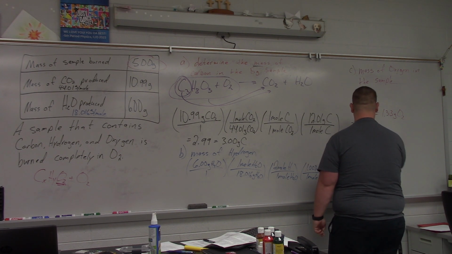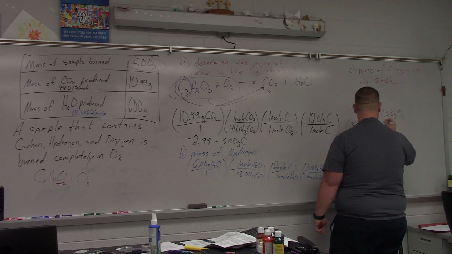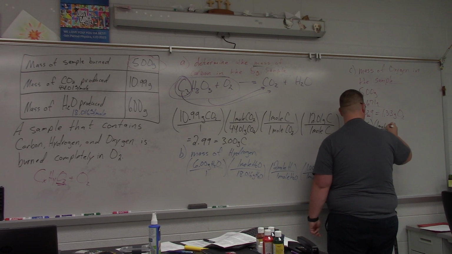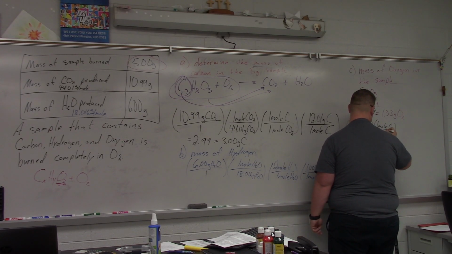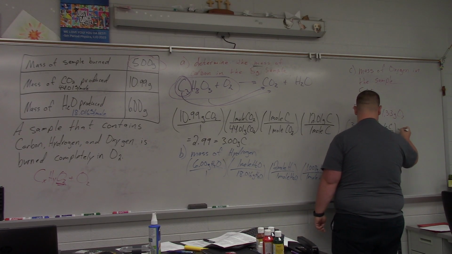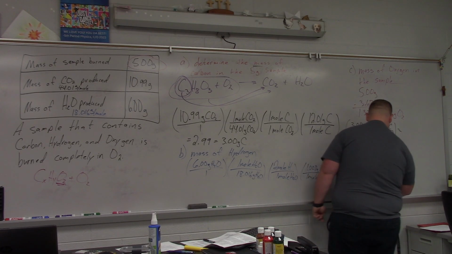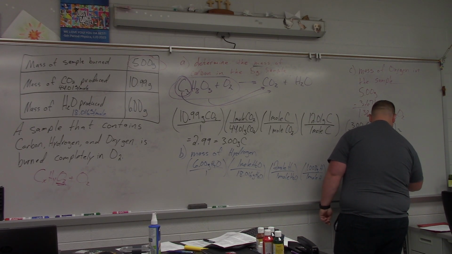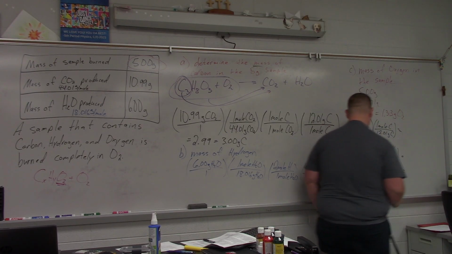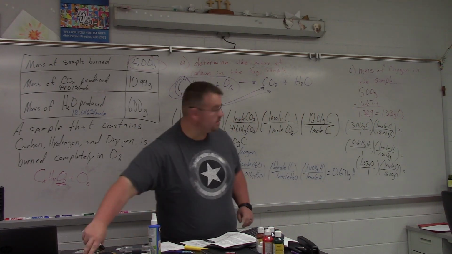We get this into moles. So 1 mole of carbon is equal to 12.01 grams of carbon. Hydrogen, 1 mole of hydrogen is 1.008 grams. And then oxygen is 16 grams. So we break this down.